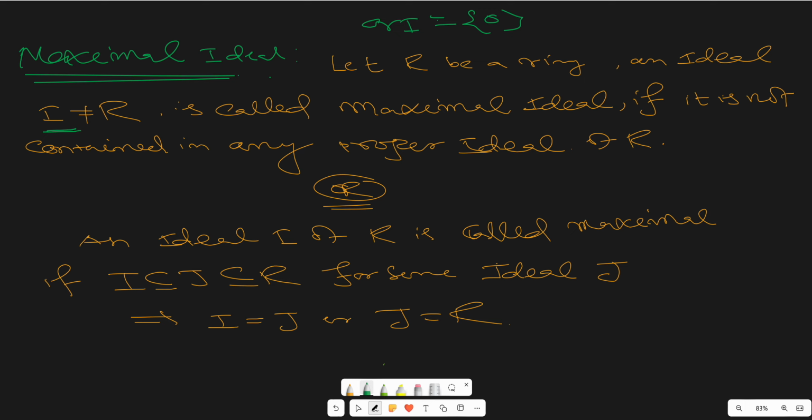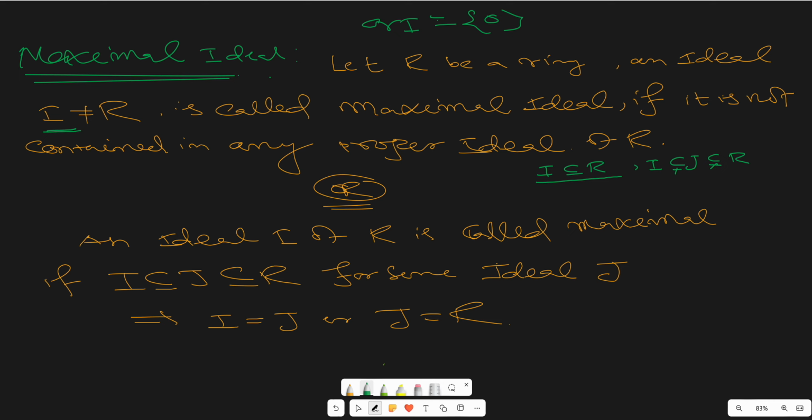I is contained in R, this definitely has to be satisfied, but it must not be contained in any proper ideal J of R. This I should not be contained in a proper ideal of R, right?